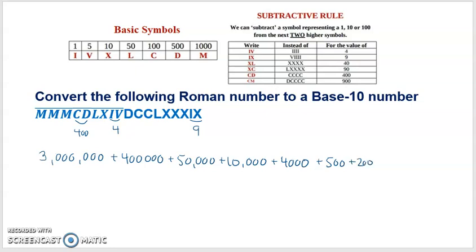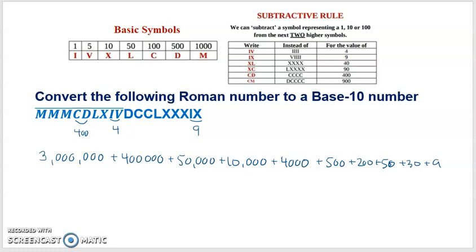Then we have L, which is 50. I'm running out of room. 3 X's will be 3 times 10, which is 30. And IX will be 9. Now let's put that all together. So that's going to be 3,400,000 and 50,000 and 10,000 and 4,000.